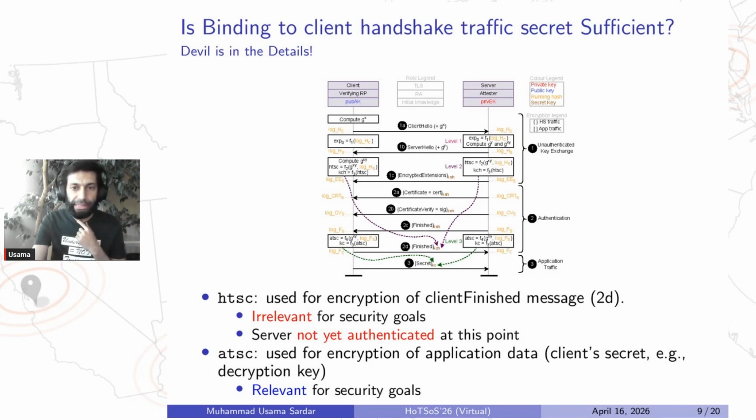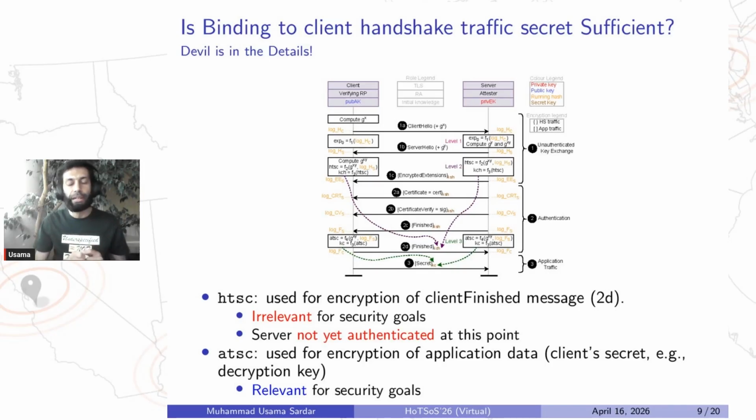The second argument is that at level 2, which is the arrows going downwards, you see on the right that the authentication step has not even started. So binding at that level means that you are attesting to a server which is not yet authenticated, and that's the whole root of the problem. The third key you see at the bottom is the real key.